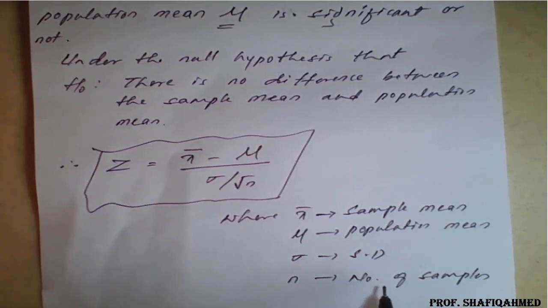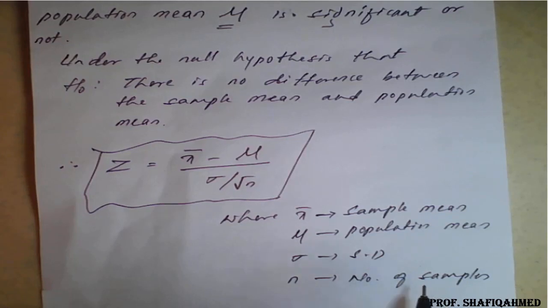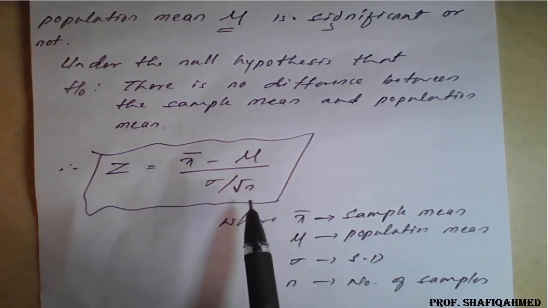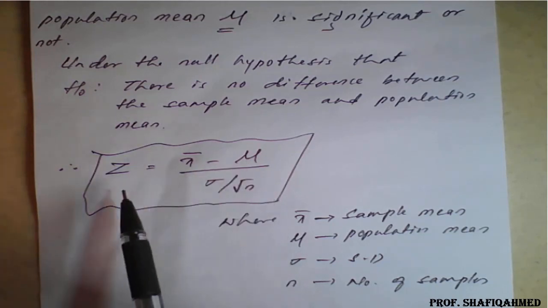Small n is the number of samples. With the help of x bar, mu, standard deviation and n, we will find the value of z.